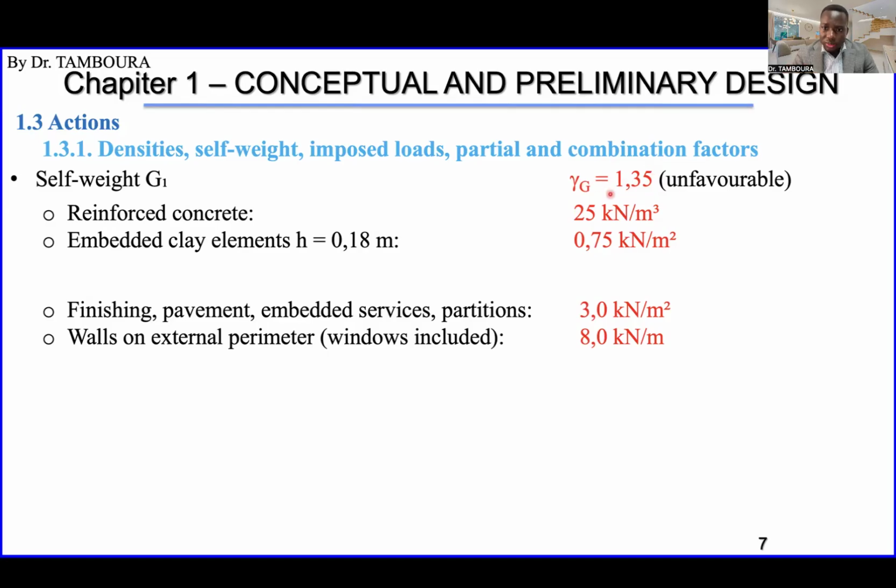Sorry, 1.35 for permanent and non-favorable actions, for example. So for concrete, the weight is 25 kilonewton per cubic meter. This value of self-weight is normally from Eurocode 1, but this partial factor is from Eurocode 2, okay?